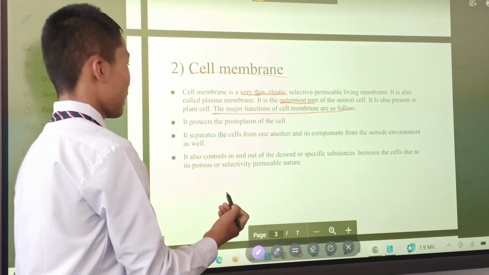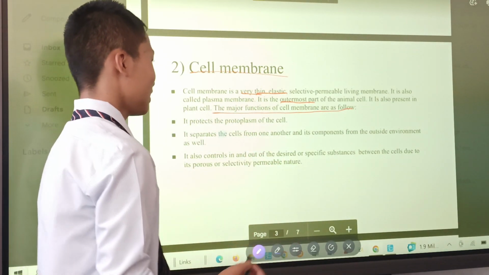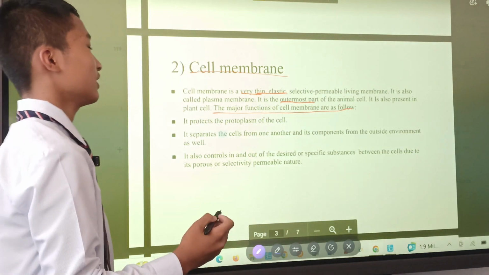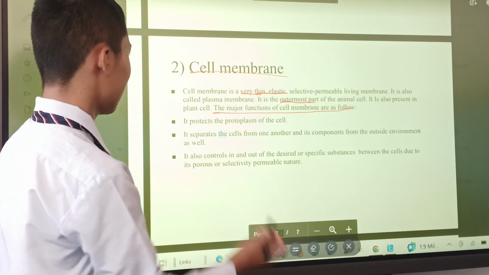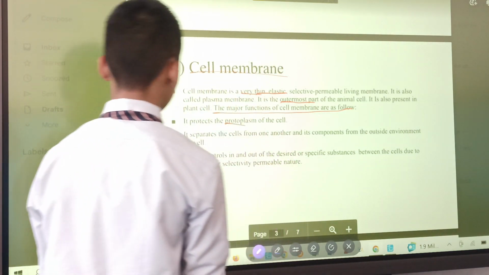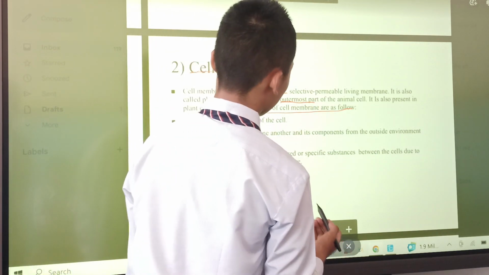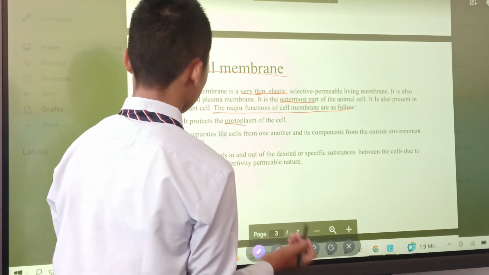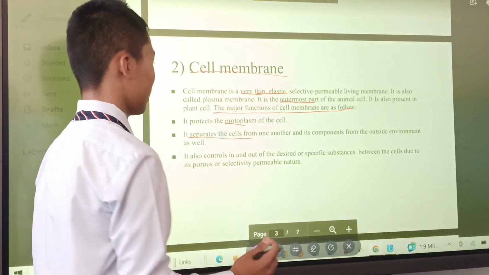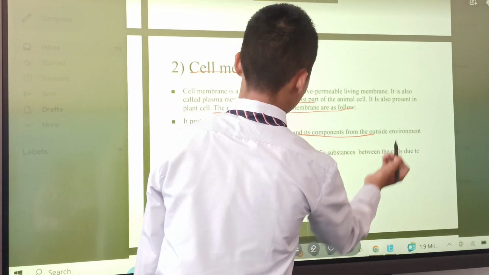It protects the protoplasm of the cell. It means that the protoplasm is the substance that covers the distance between nucleus and the cell membrane. So it protects the protoplasm of the cell. It separates the cells from one another and its components from the outside environment. It separates the cell from one another, means it stops it from coming together or combining, and its components from the outside.